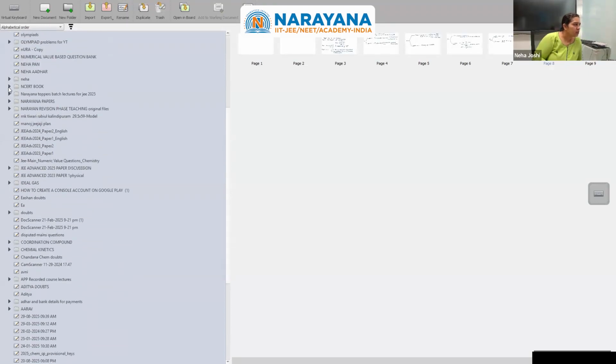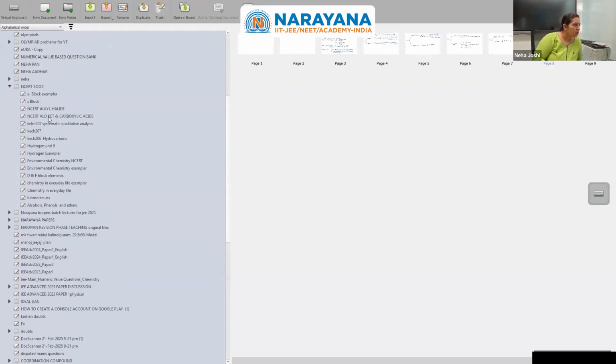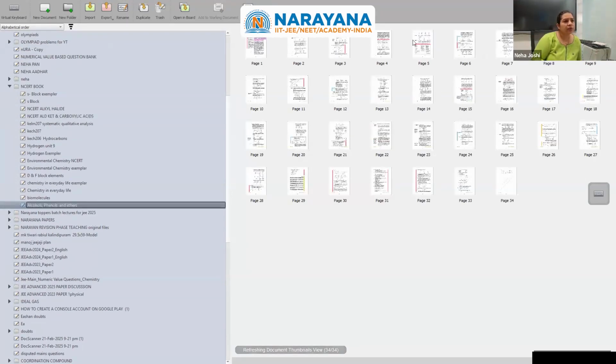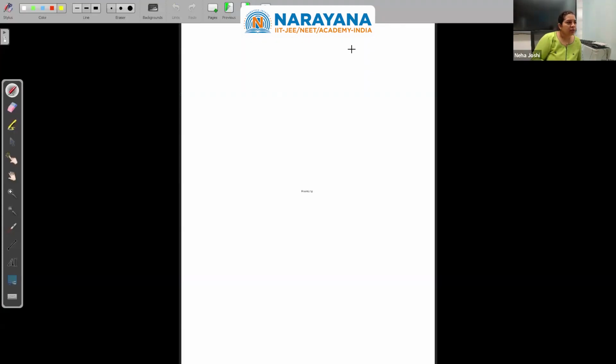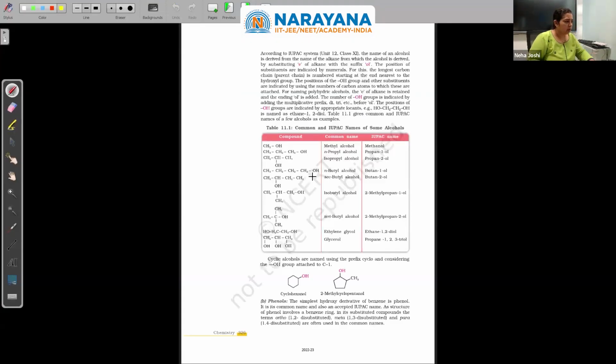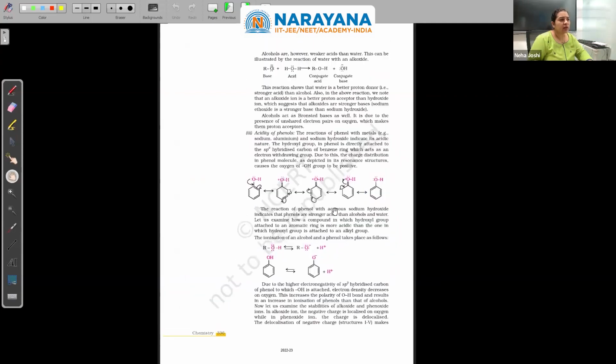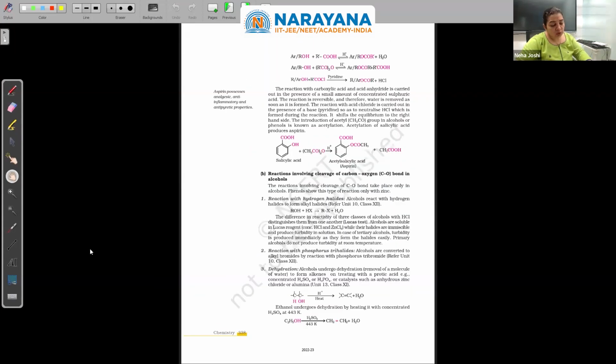Where is NCERT? Aldehyde, alcohol, phenol, ethers. Yes, Girish, just wait, beta. Let me complete my issue with Shrey, then I'll come to you. I think that part is given in 11th NCERT. Yes, Shrey, as a specific in particular, I don't remember.